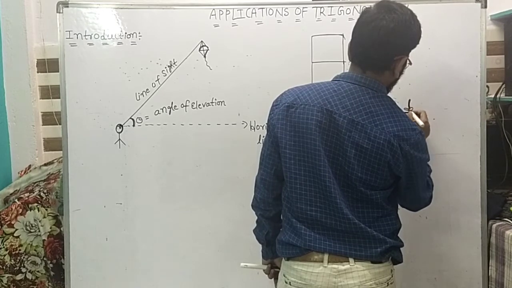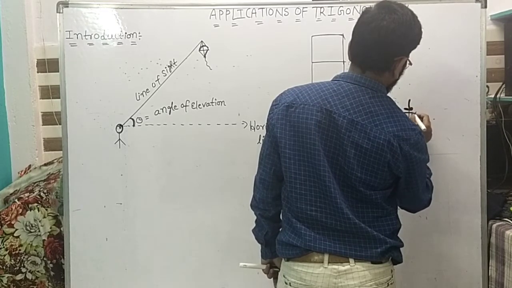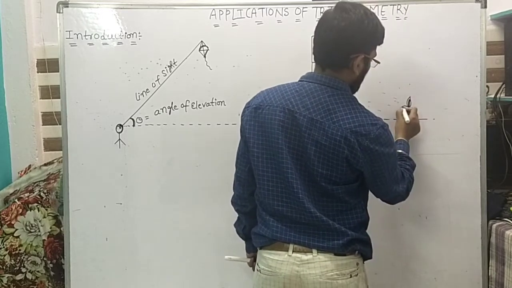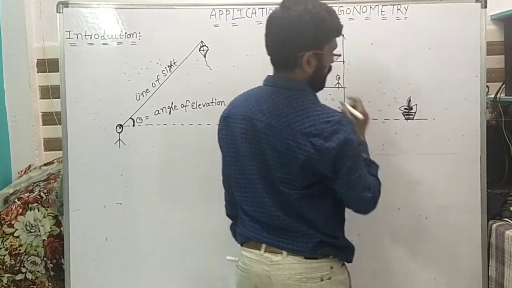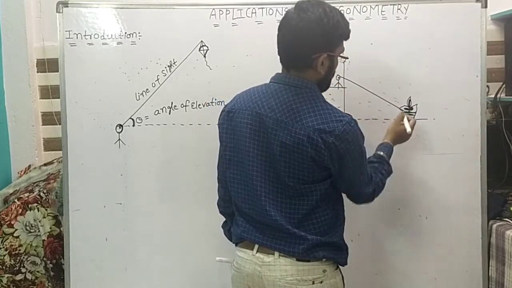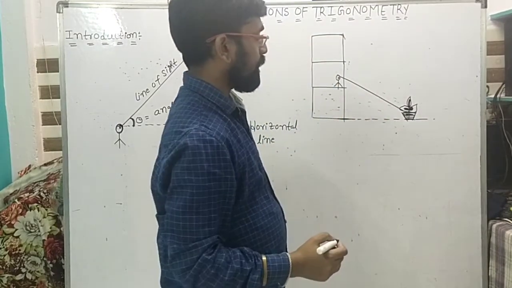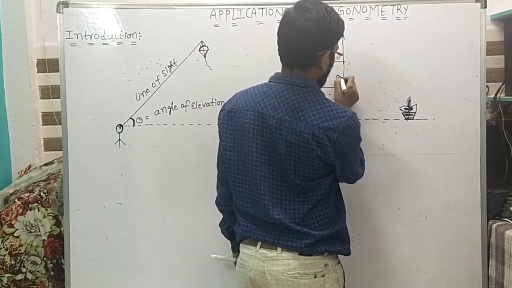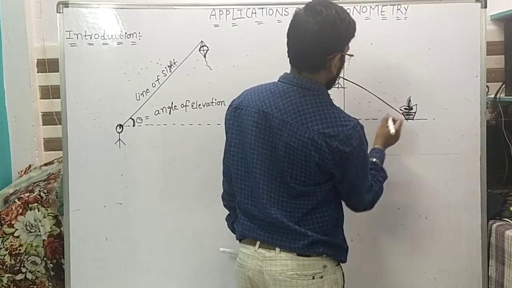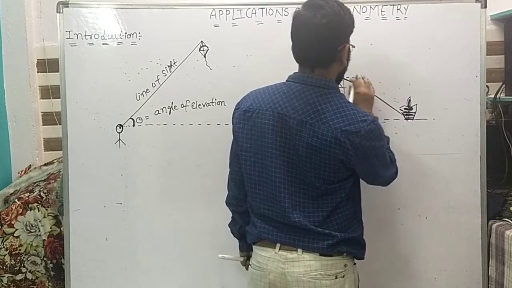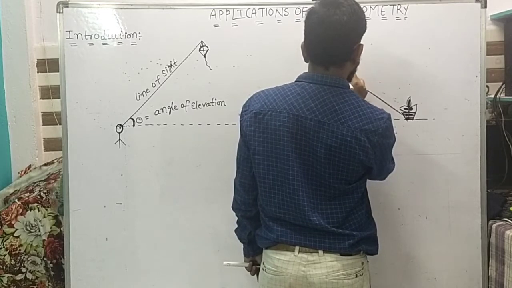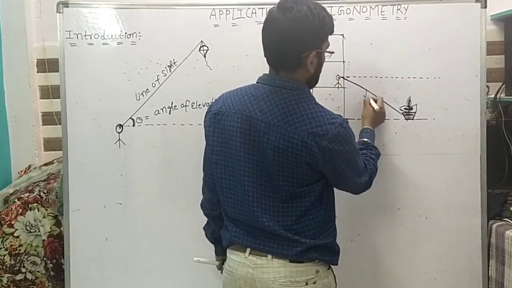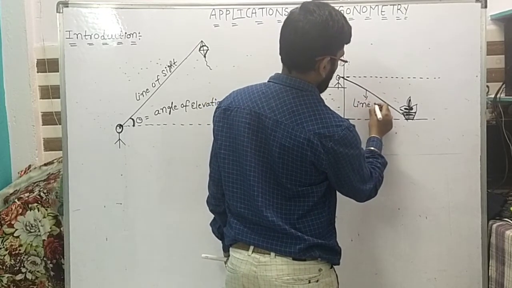She is seeing the flowers, a bouquet, which are down below. And this is the horizontal line. This is called the line of sight.